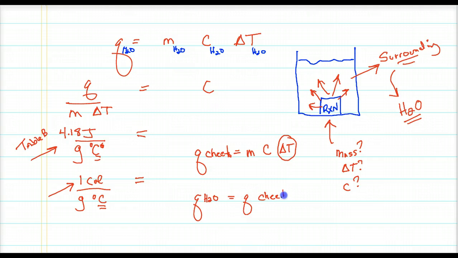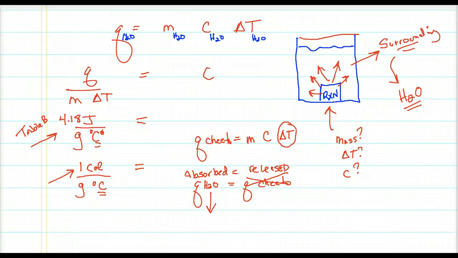We can't do the Cheeto directly, but we know that the energy absorbed equals the energy released, because of conservation of energy. Now we're assuming this is a sealed container and the only heat flow is between the reaction and its environment, which is the water. So if these are equal, I don't have to consider the Cheeto. All I have to do is the Q of the water.